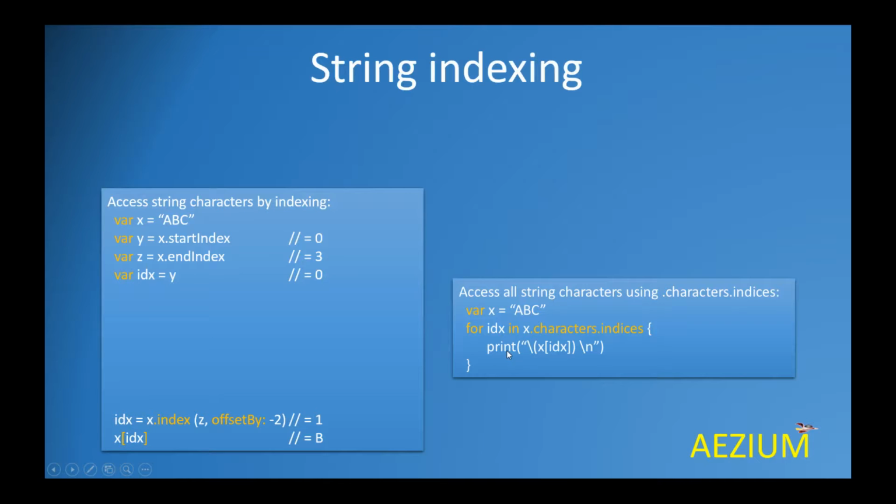And in this particular case, we're going to print this string, where backslash is used as before when we are trying to print a variable or constant, square brackets, and then x[idx], which is the same as this.